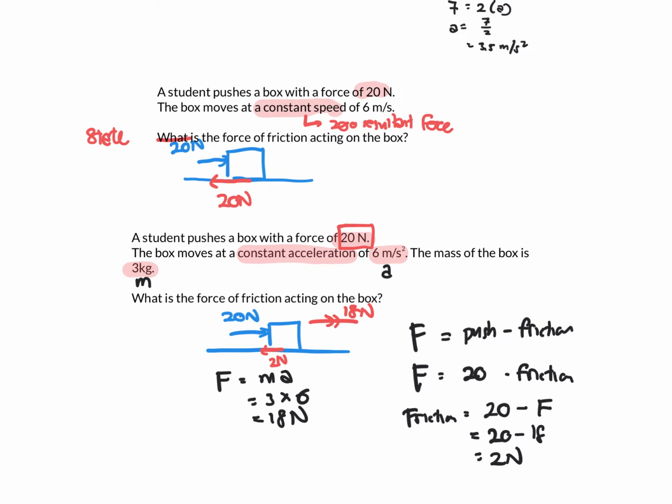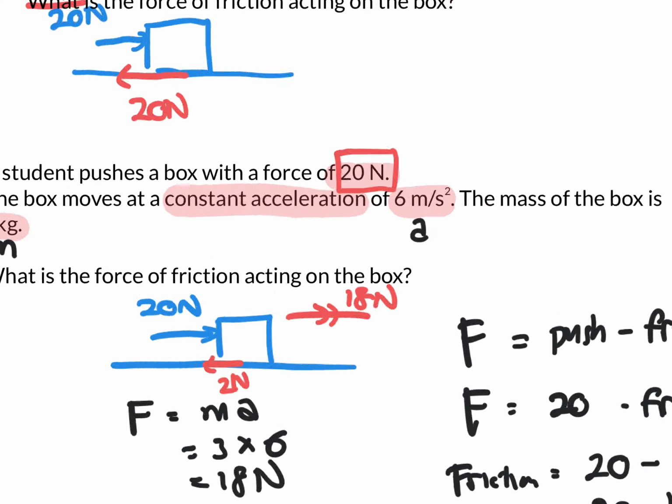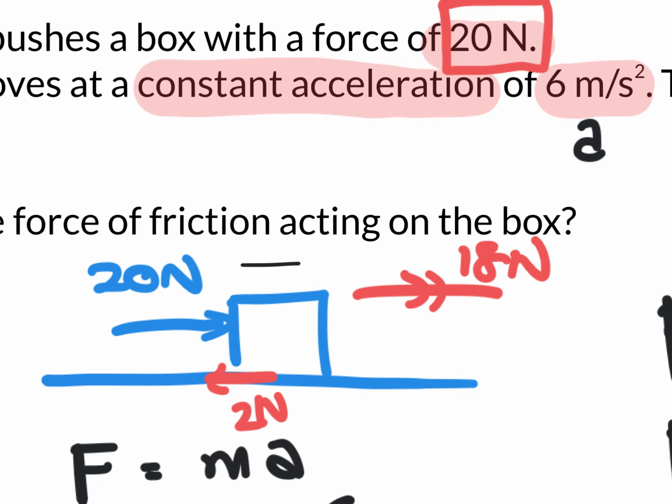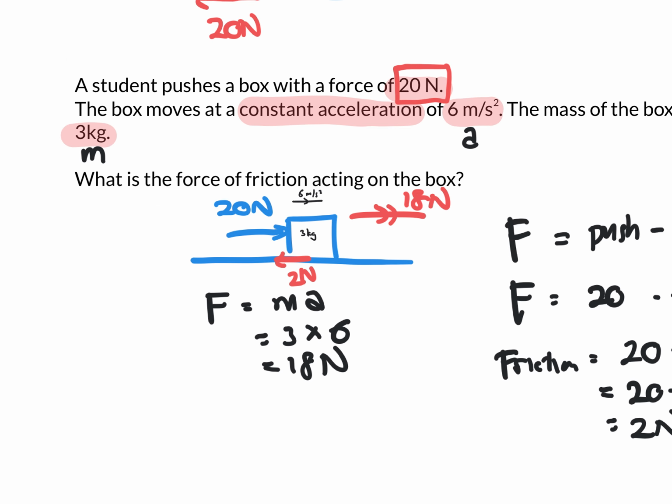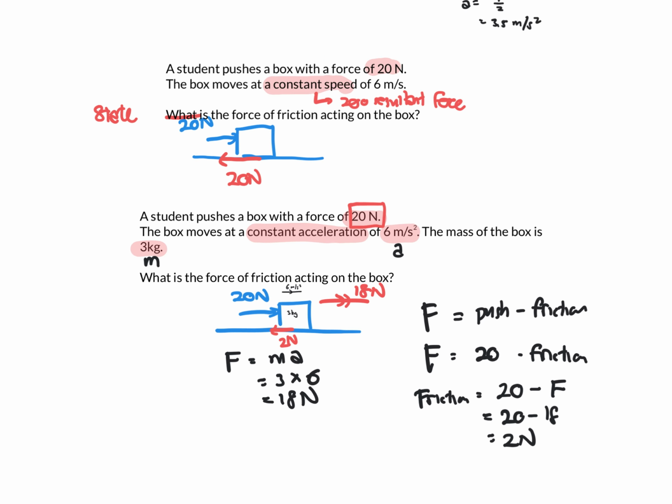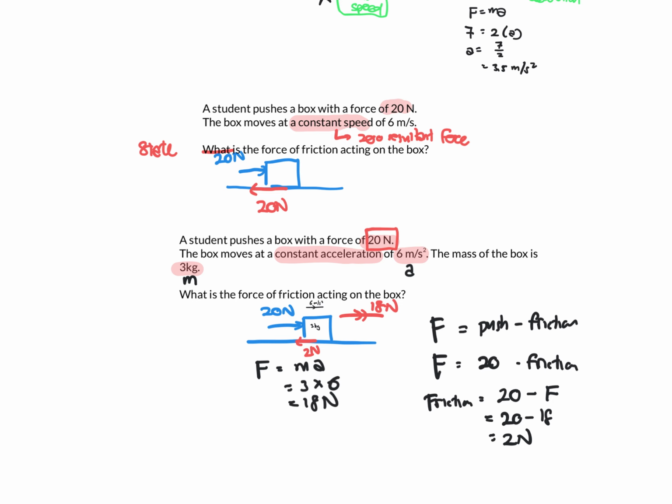How else could you annotate this? Maybe before you started, you could have written that it is going at 6 meters per second squared, and then this is 3 kg. These are other ways that you can annotate it, right? So this is how the questions can differ between one which is balanced and one which is unbalanced forces.